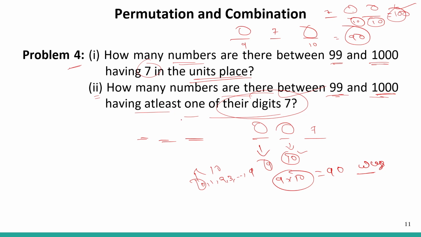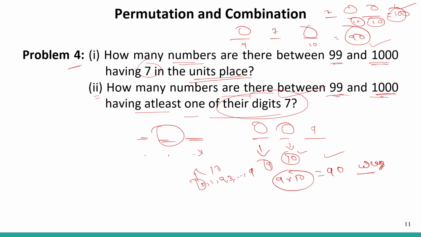So there are 3 cases. That is 7 in the 100th place, 7 in the 10th place, and 7 in the unit place. We have already answered this: in the unit place there are 90 ways. And for 7 in the 10th place, we have also evaluated 90 choices. And for 7 in the 100th place, we have evaluated that 100 choices are there.